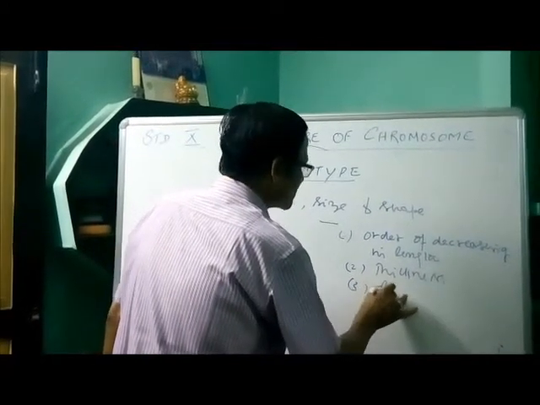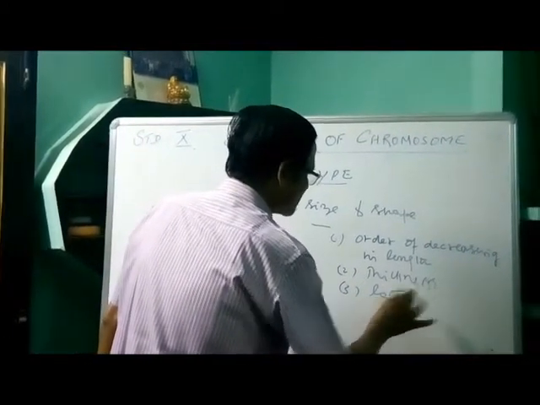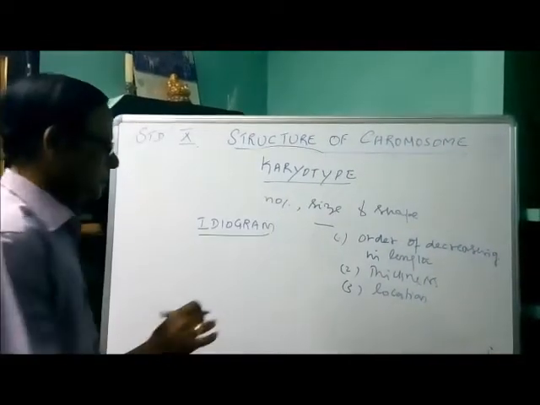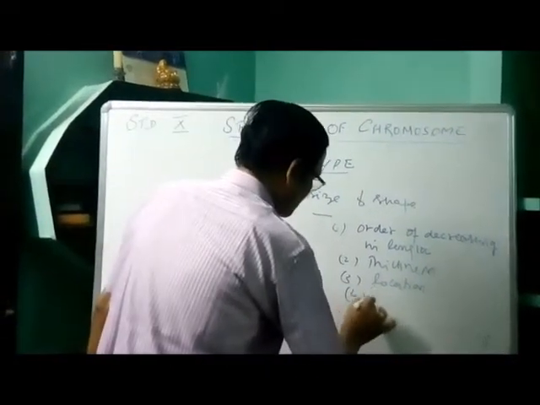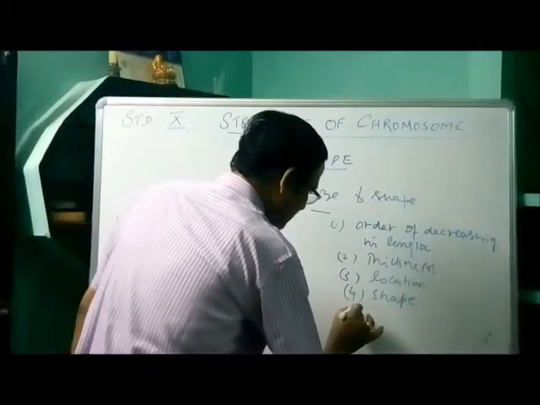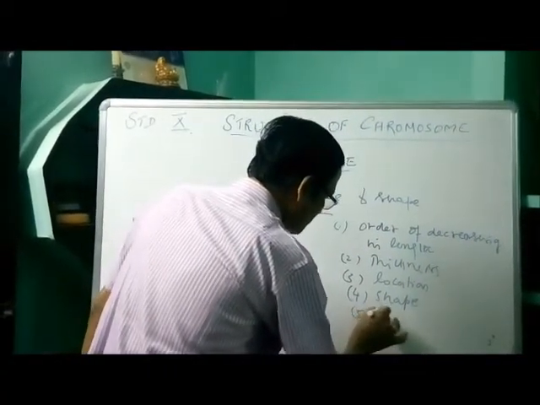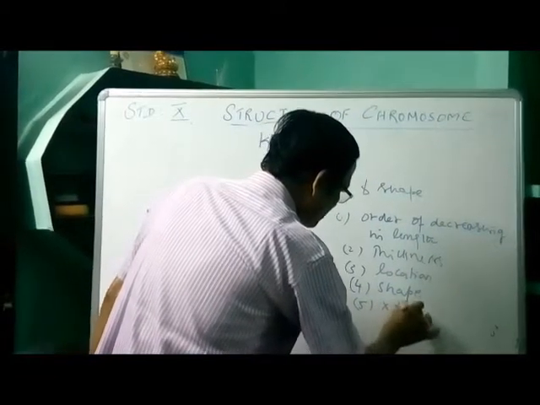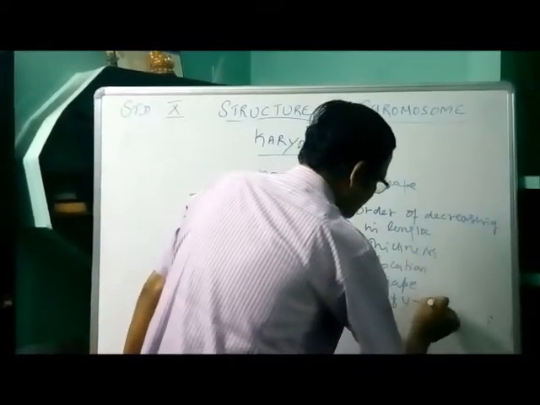The location of the centromere. 4. The shape of the chromosomes. And then representing the sex chromosomes, X and Y, at the end.